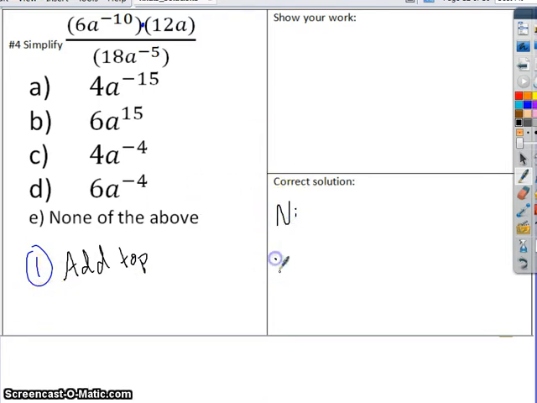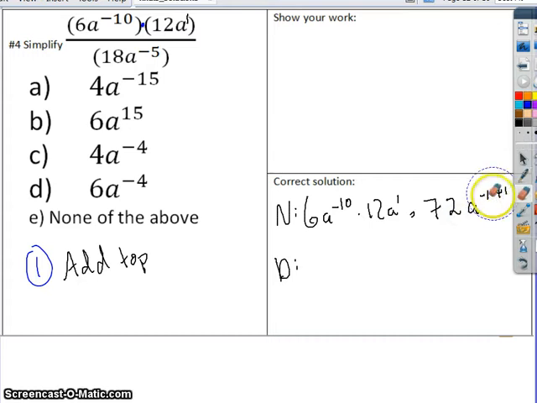So n for numerator, d for denominator, and then put them both together. N for numerator is 6a to the negative 10th times 12a, and then don't forget there's one here. So let's see, 6 times 12 is 72. A to the negative 10 plus 1 is negative 9.